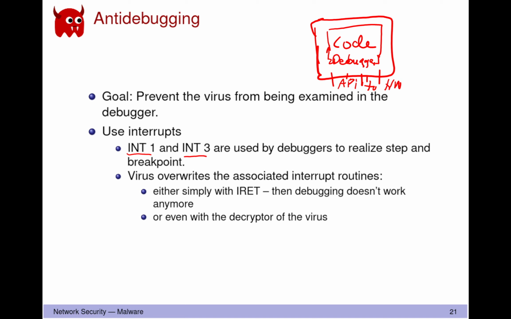So, any idea how using these interrupts 1 and 3 might have an effect? The effect is that the execution down here is also using interrupt 1 and 3. So basically, we have a debugger running on a debugger, and the question is now what is the outcome. If we are using the debugger interrupts up here, and then we notice that we cannot use it properly, then we know somebody else is using it.